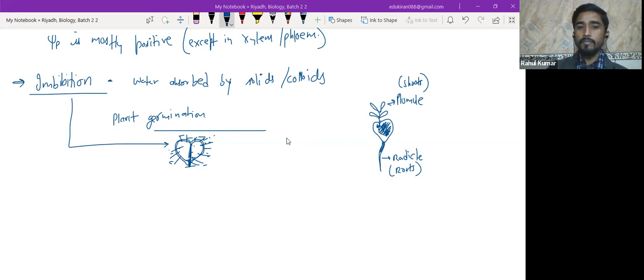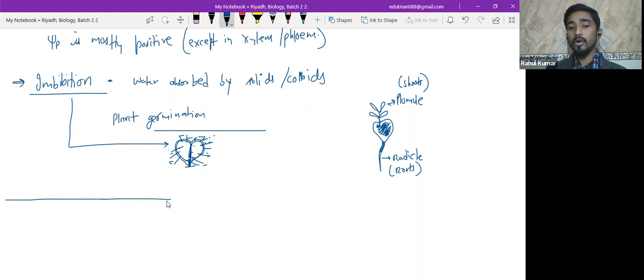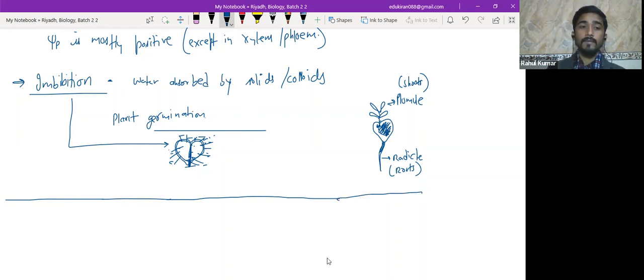Since the movement of water is happening across a concentration gradient without utilizing any energy, it is again a case of diffusion. Clear? Yes, sir. But unlike other cases, here it creates a lot of positive pressure. That is called the pressure due to imbibition, or the turgor pressure.